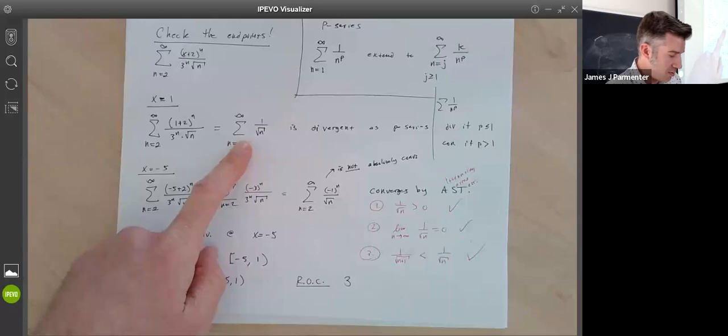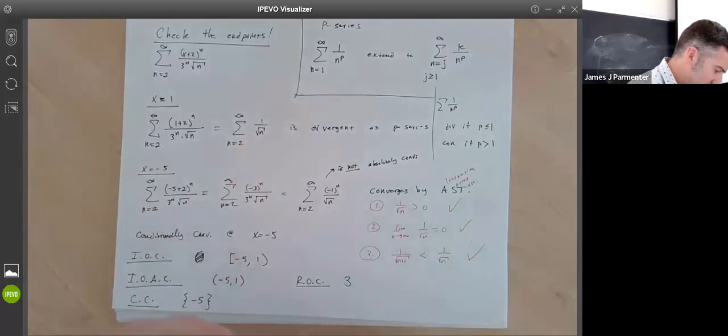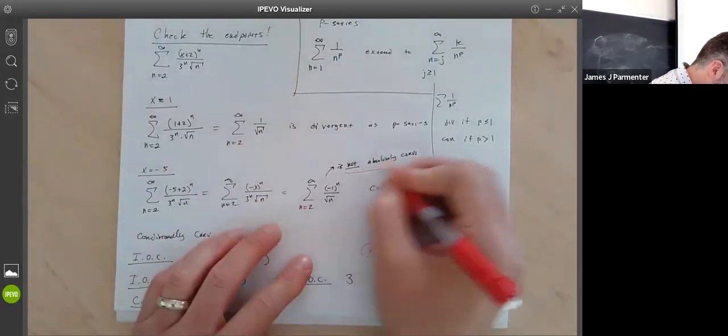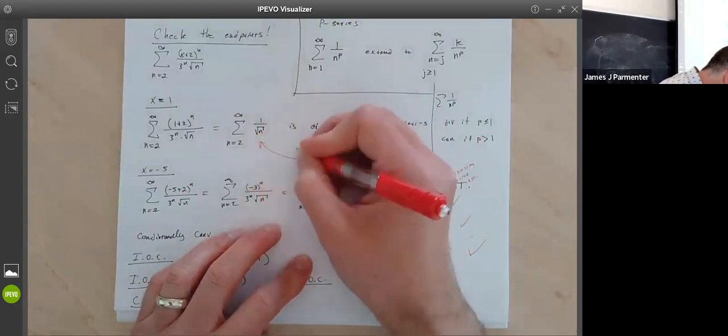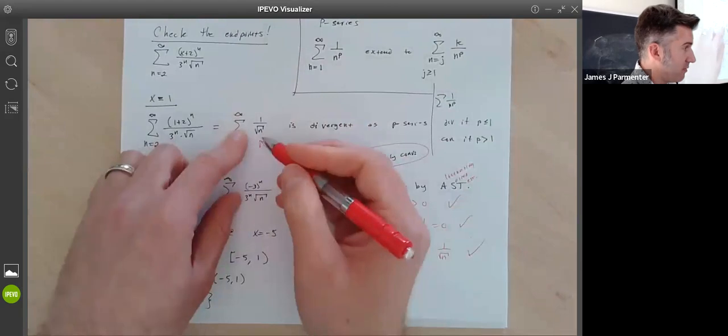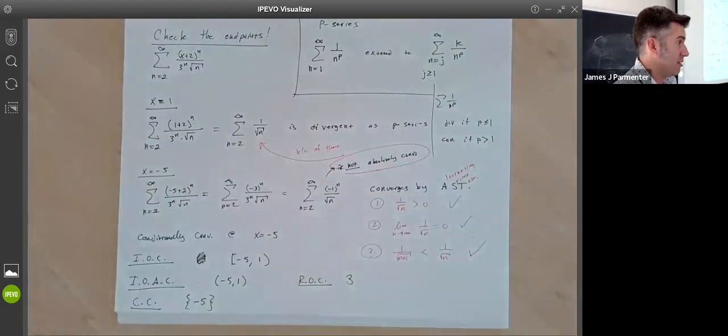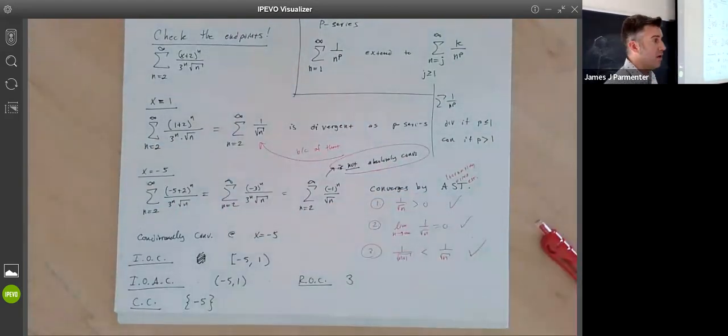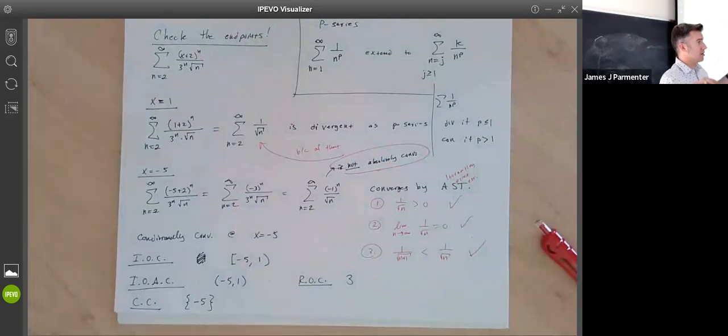But I should make a mental note: this is not absolutely convergent because of this. There's the absolute value of that, and it diverged. And that's kind of why I was saying before, you should do the endpoint that makes it not alternate first, because that'll give you information about what the other one is going to do.